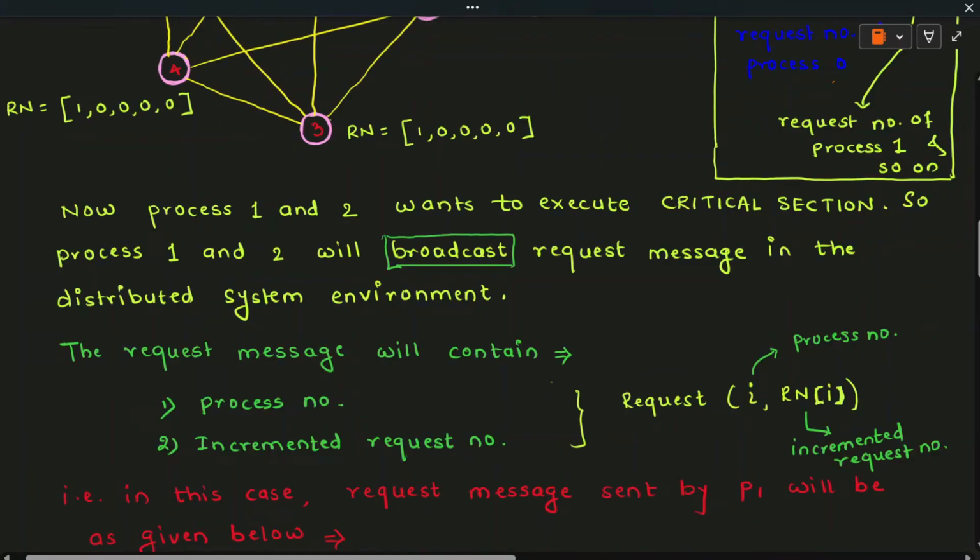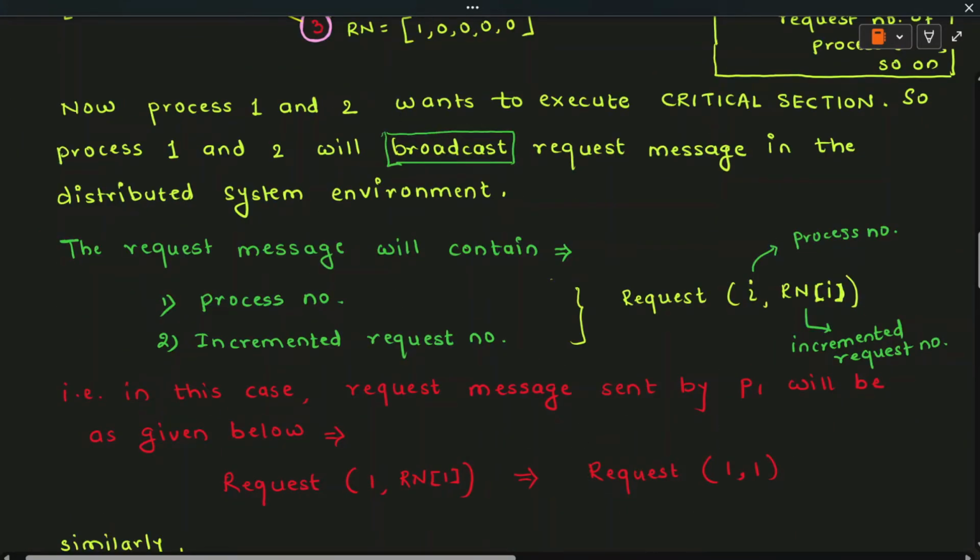Let's go ahead. Now process 1 and process 2 want to execute the critical section. Right now the token is with process 0. So process 1 and process 2 have to broadcast the request message into the distributed environment. Initially we discussed that if a process wants the token, it has to broadcast the request message into the distributed environment.